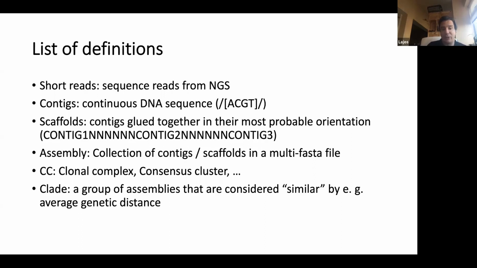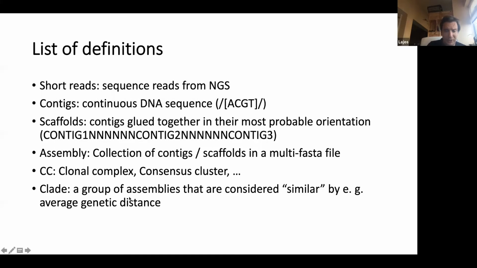In that case, if you have a suspicion, for example, because you see that the file size is much bigger than what you expected, then you can try to split these final multi-FASTA files into smaller assemblies.